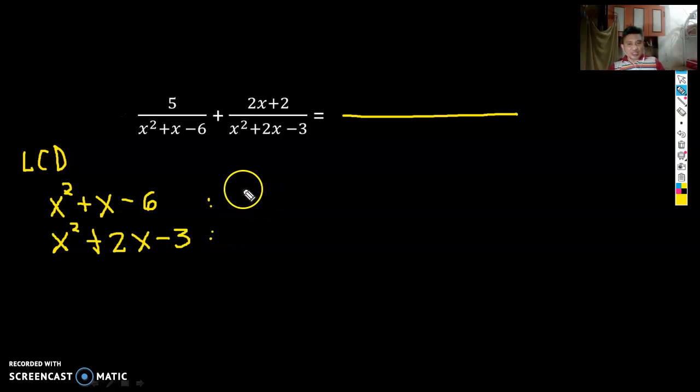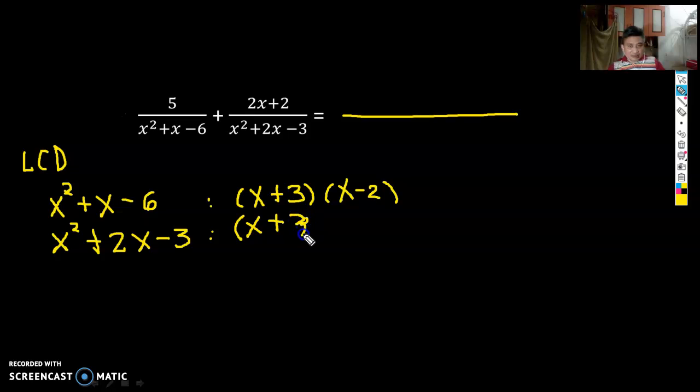Factor first. The factors of x squared plus x minus 6 are x plus 3 and x minus 2. Then the factors of x squared plus 2x minus 3 are x plus 3 and x minus 1.